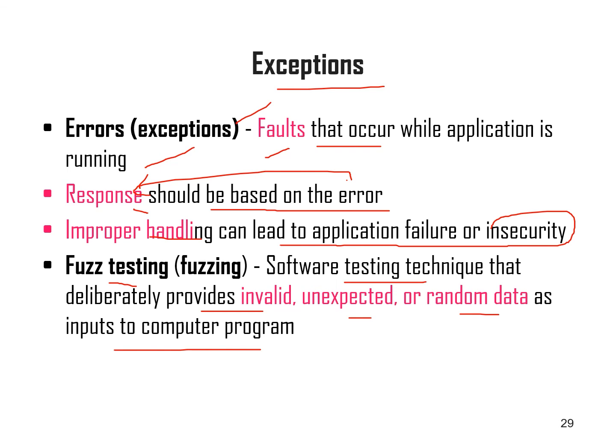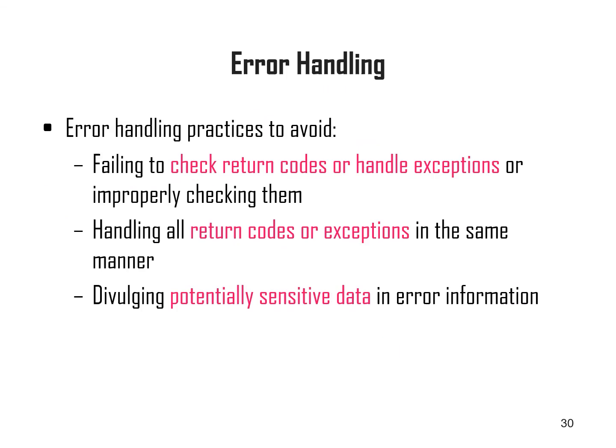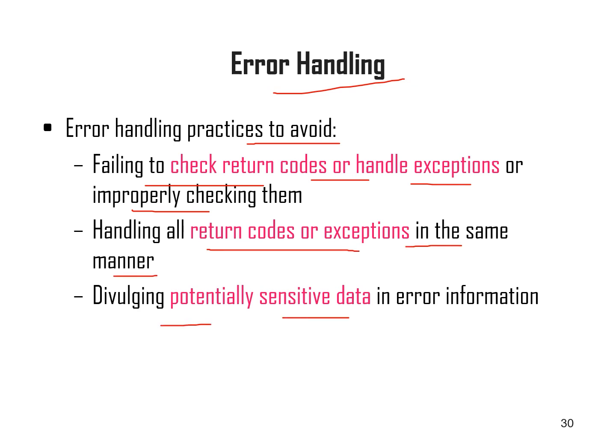So this testing procedure can be incorporated right after developing a particular software, deliberately providing invalid, unexpected, random data as input to the application we have created. Error handling. Error handling practices should avoid failing to check return codes or handling exceptions, or improperly checking them, handling all the return codes or exceptions in the same manner, and divulging potentially sensitive data in error information.